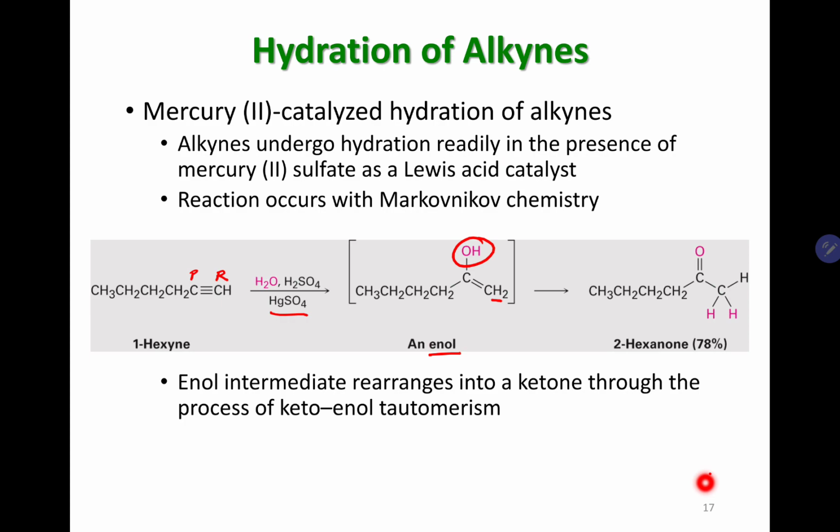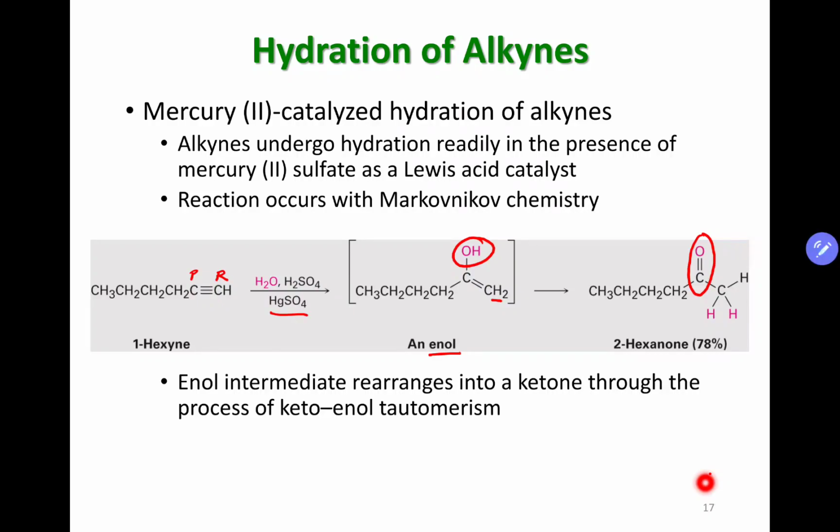We call this keto-enol tautomerism. The enol intermediate will immediately rearrange and give you a ketone as the product.